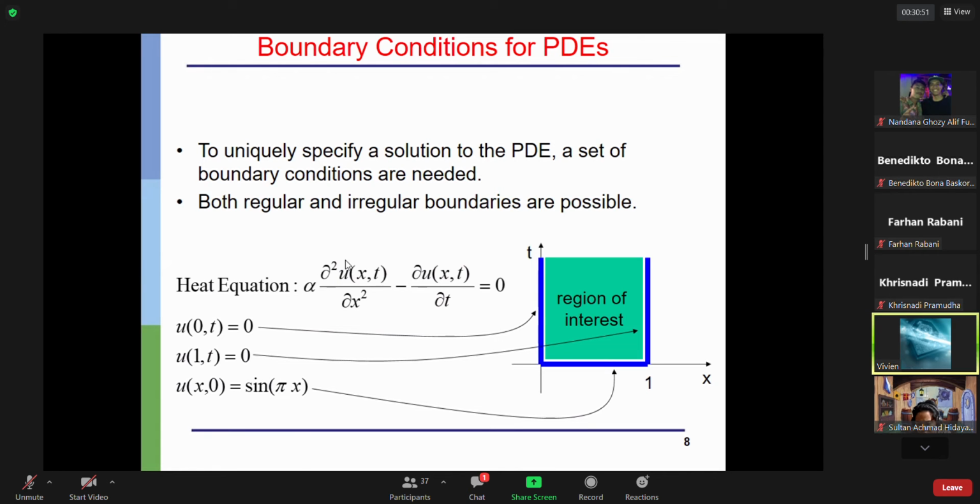And we have here another term, which is u in t, the first derivative of u in time. It means that we need an additional boundary condition in t direction. So we need two boundary conditions in x direction, and one boundary condition in t direction.